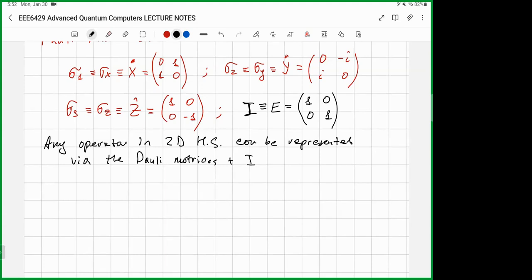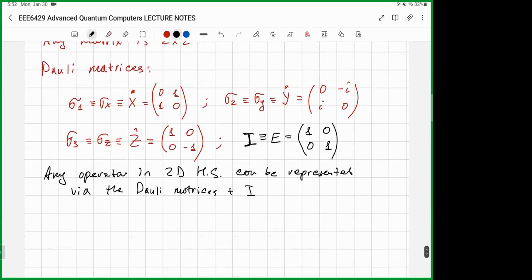So these matrices are very important for what follows. In fact, the reason I put these X, Y, and Z notations here is that quantum computer people use these matrices as quantum gates. So basically these three matrices are quantum gates that we will use extensively in what follows.